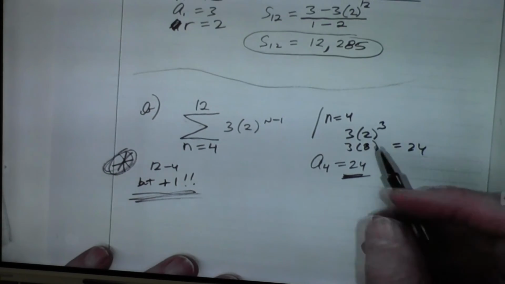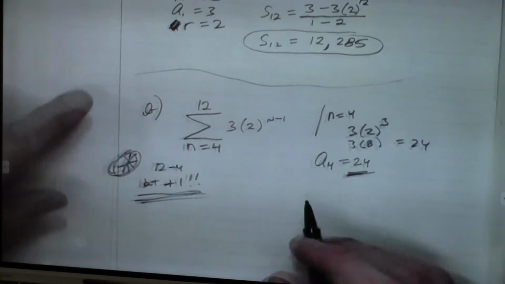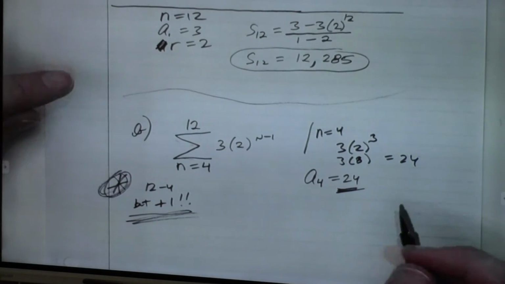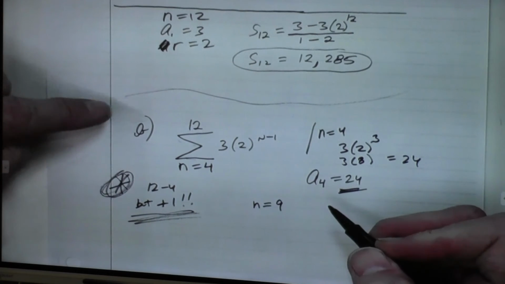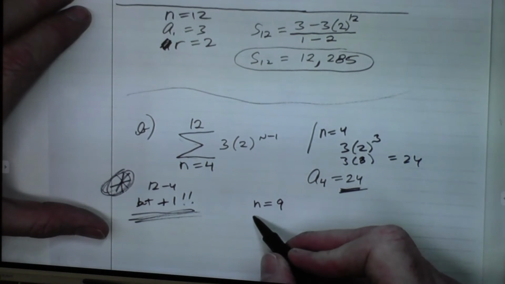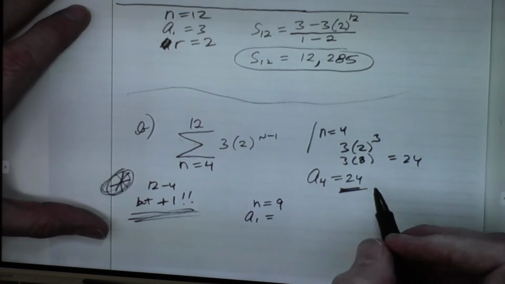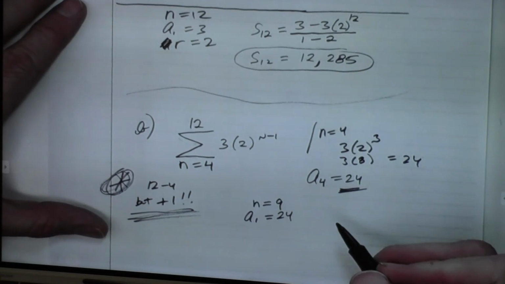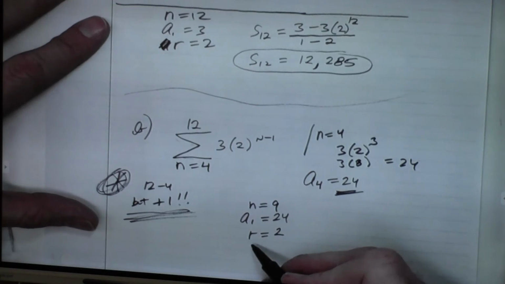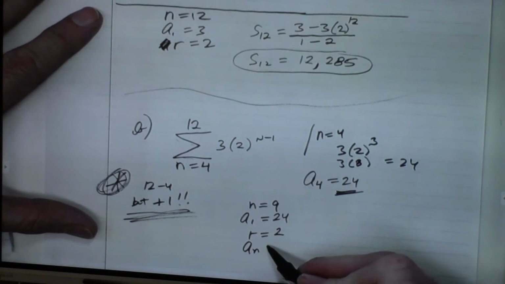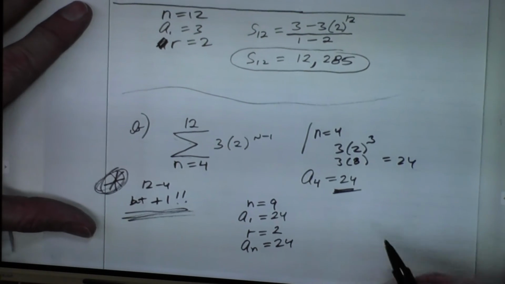So, okay, now I know, in order to do this kind of thing, I have lots of information here because I know the n is a total of 9. The amount of the first term that I'm going to use is 24. The ratio is 2. I also know the amount at this term, 24.